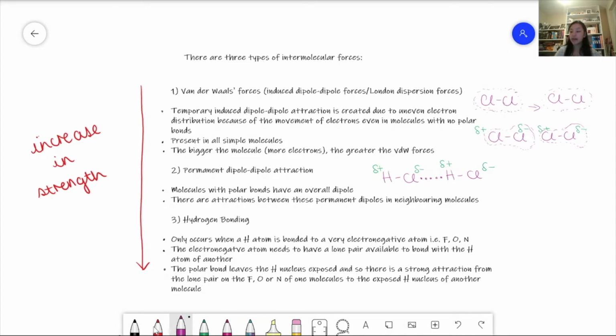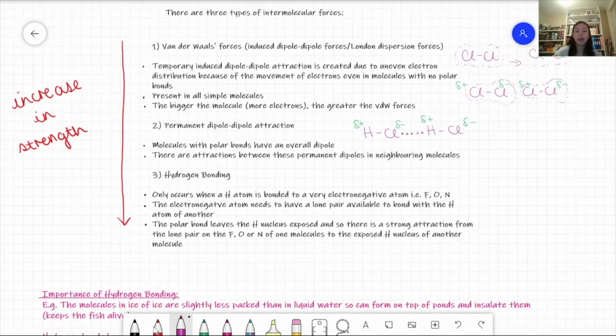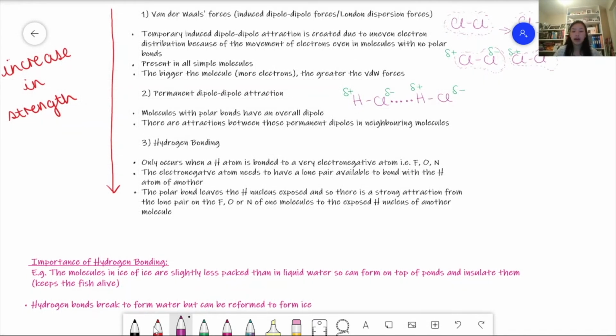And if we have a look at water, for example, water looks like this. And there are two lone pairs.